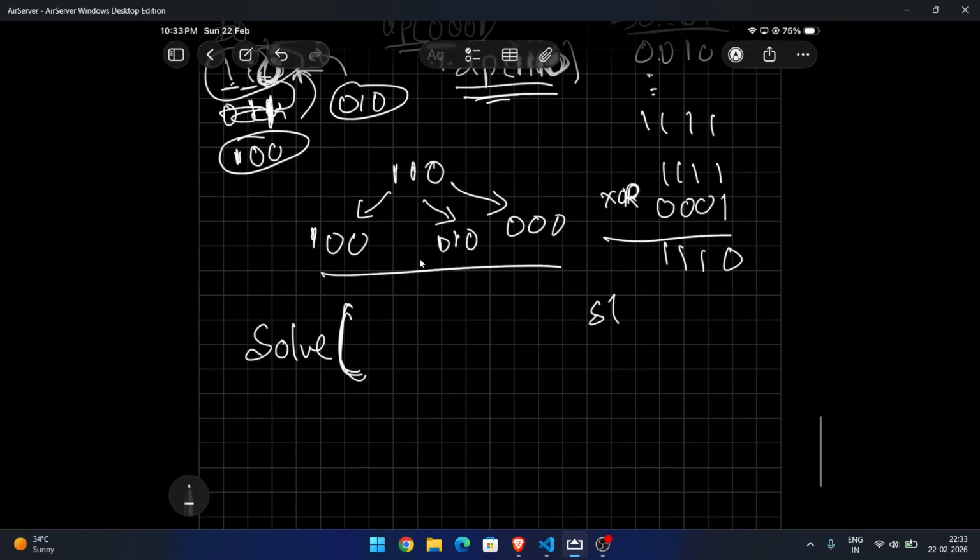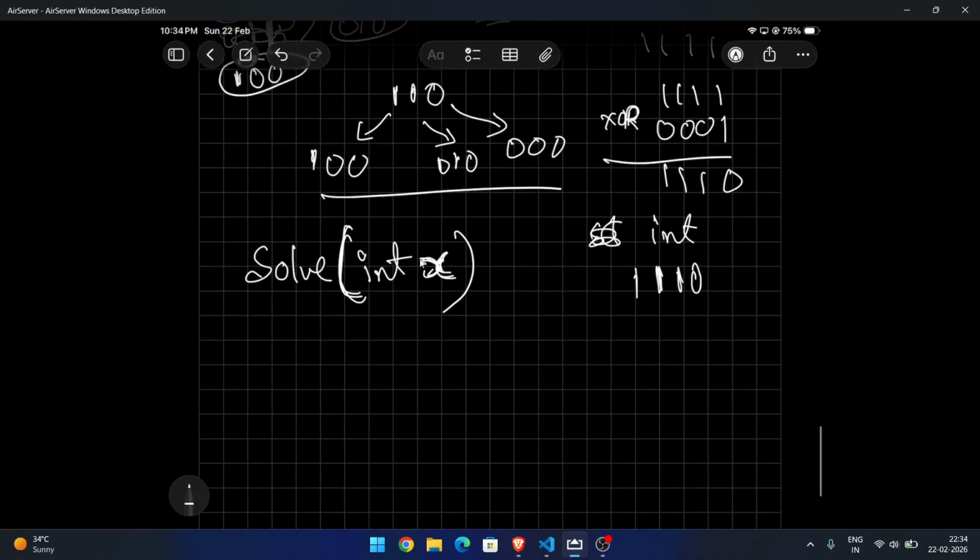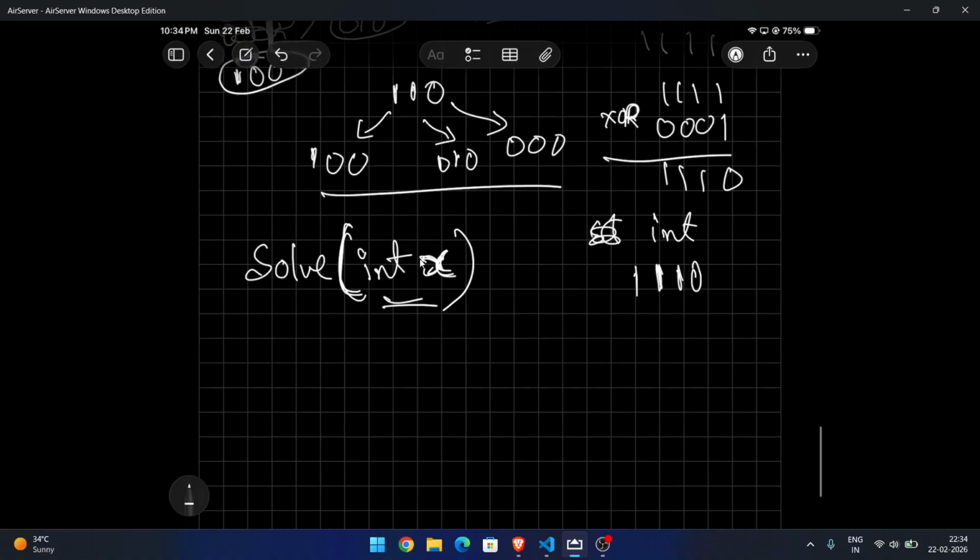Let's denote it with a number, an int, that would be binary. So for int x, first we would find out the total weight of this current x, meaning how much weight is there.